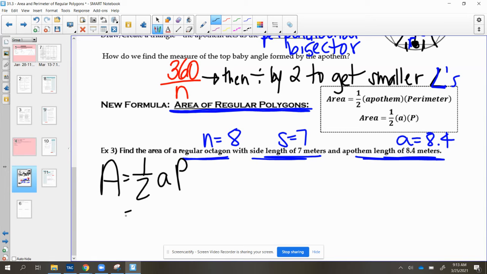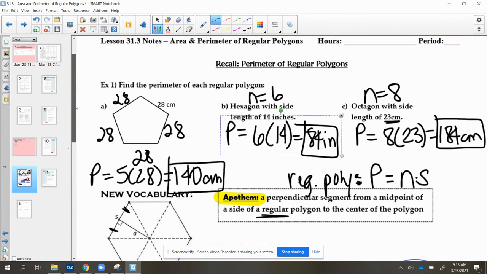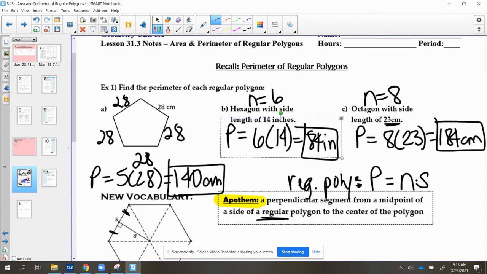And the good news is they gave us little a, the a part of this is 8.4. The problem is we need to get the perimeter of our octagon. Well, a reminder from the beginning, the perimeter of a regular polygon is n times s, the number of sides times the side length, right?